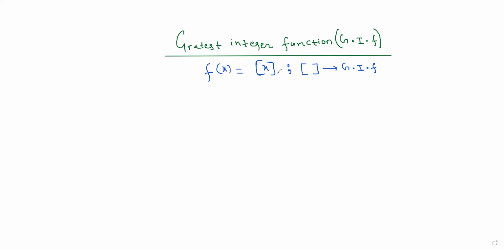So f(x) is equal to greatest integer function of x, and this box represents the greatest integer function. Suppose we have a number x, and x should be written as n plus f.